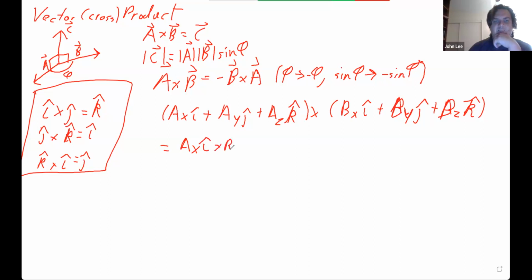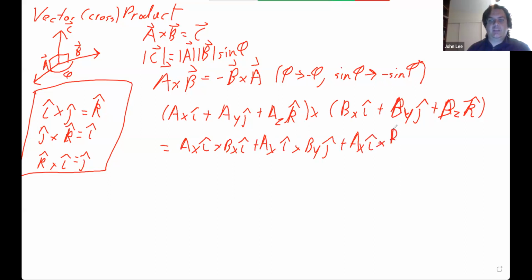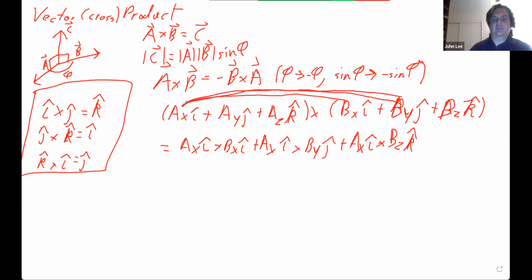AXI cross BXI plus AXI cross BYJ plus AXI cross BZK, which is just distributing AXI to all three components of the B vector.